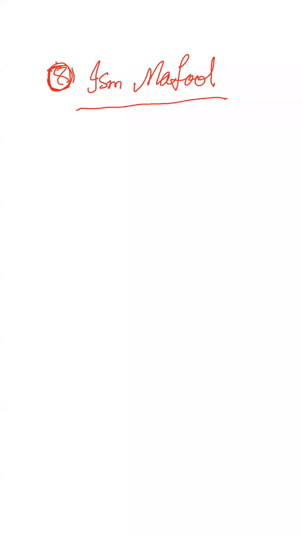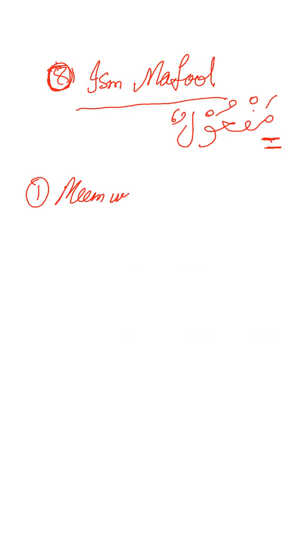Number 8. The fourth term on the second line is isme maf'ul. Similar to isme fa'il, the isme maf'ul for family 1 families comes on the scale of maf'ulun. Number 1, meem is added, meem with a fatha.